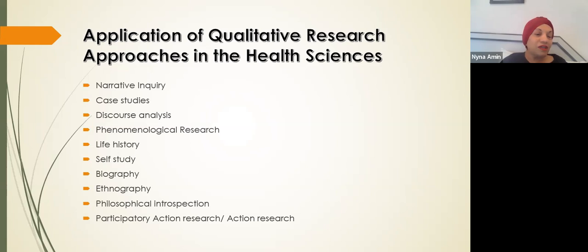Phenomenological research is really looking at a phenomenon. So you might decide that care is this big thing that I really want to understand in a deeper way. I might look at it from a feminist perspective, or from an understanding perspective, or from a liberation perspective, and so on. So it might be very interesting to do a study to see how people interpret the notion of care.